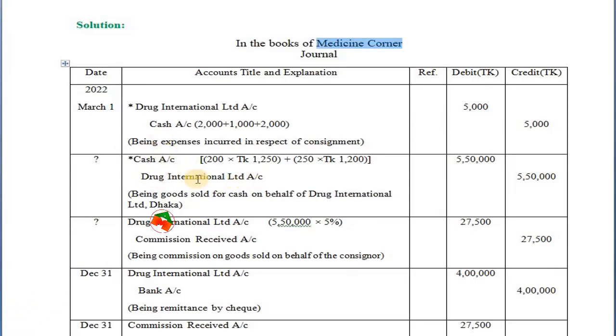Here Drug International is the consignor, but we are recording it in the books of the consignee. The consignee will record cash debit. The total amount of sales proceeds is 5,50,000, and the journal is cash account debit and Drug International Limited, the consignor, credit 5,50,000.